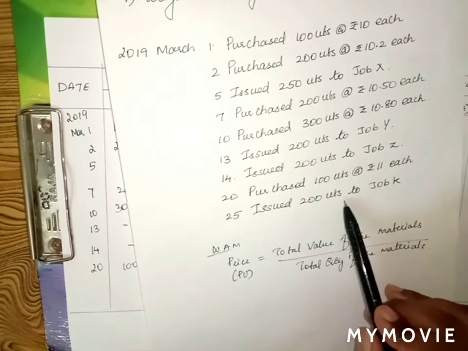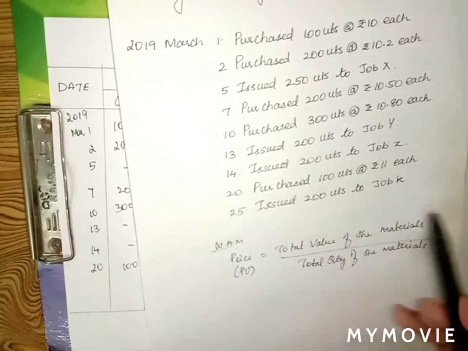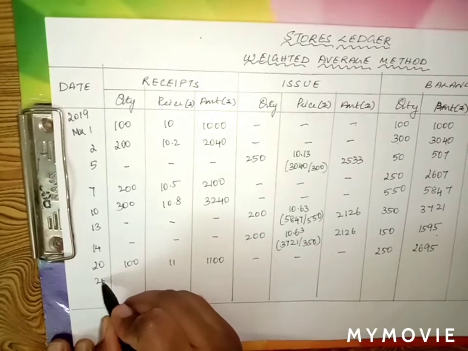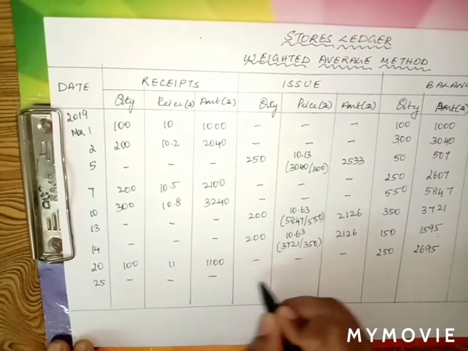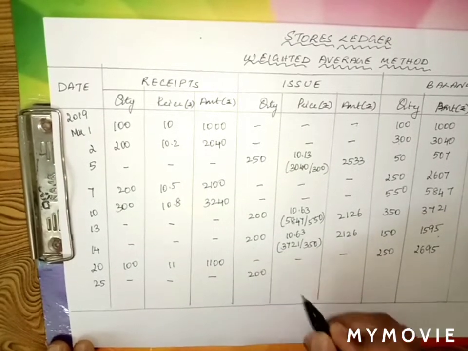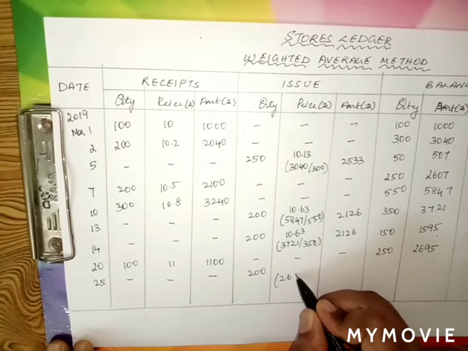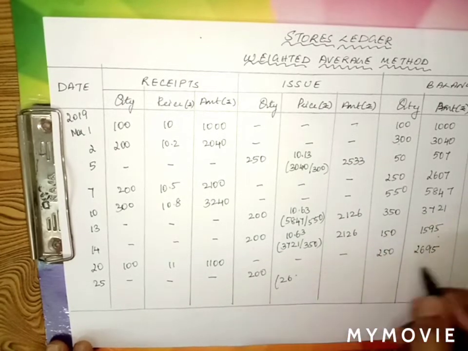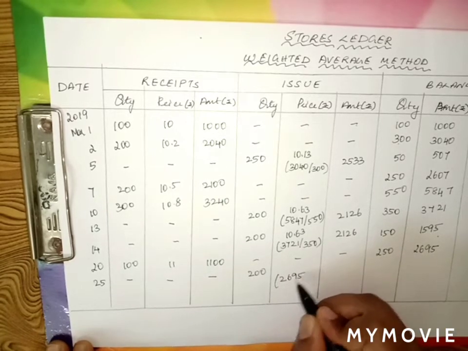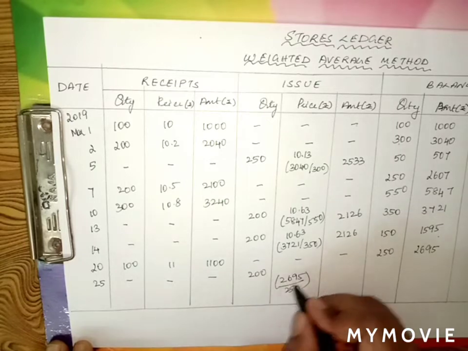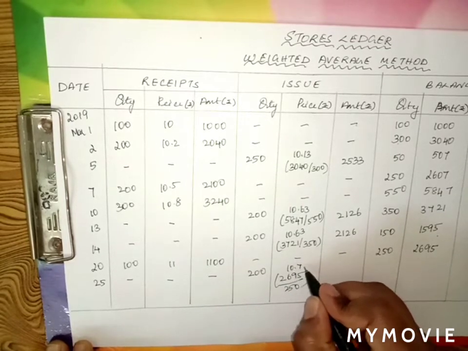The last one, issued 200 units to job X on the 25th. So find the rate now: 2695 divided by 250. The rate will be 10.78.